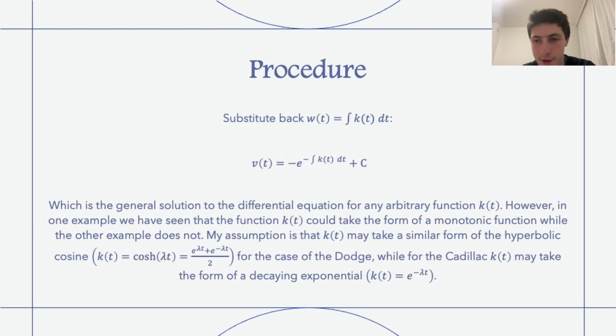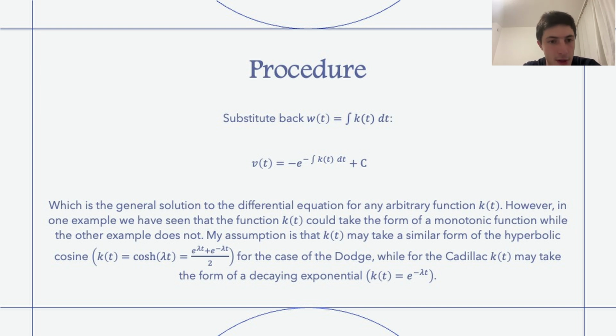You replace back the definition of w of t, and you get that v of t is equal to the negative e to the negative integral of k of t dt plus c. Which was tough. This is the general solution for the differential equation for an arbitrary function k of t.